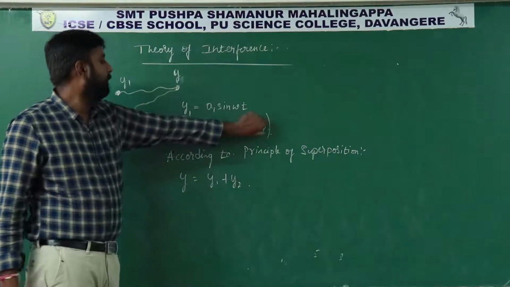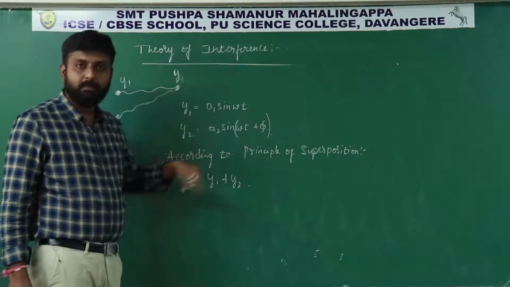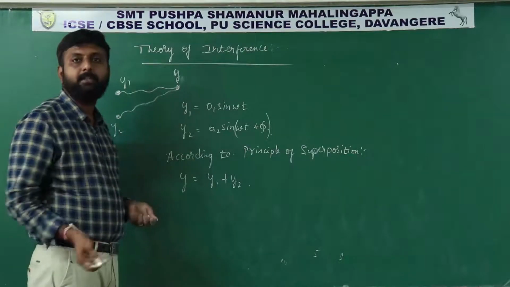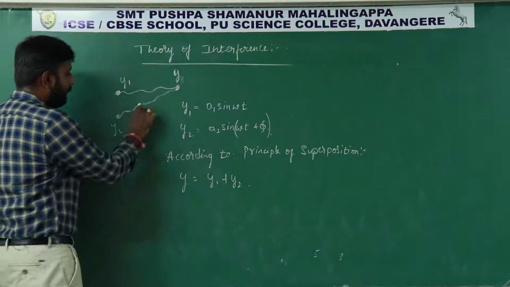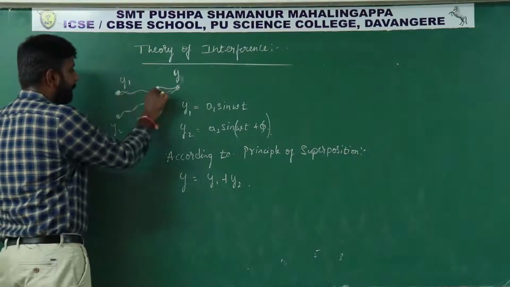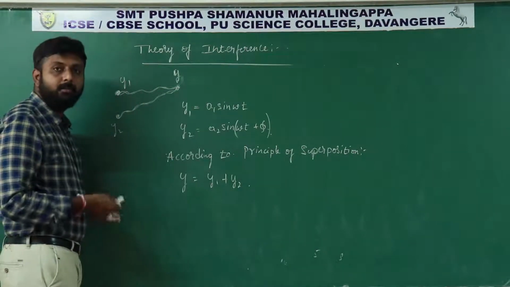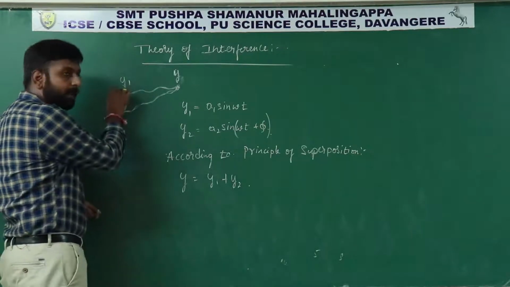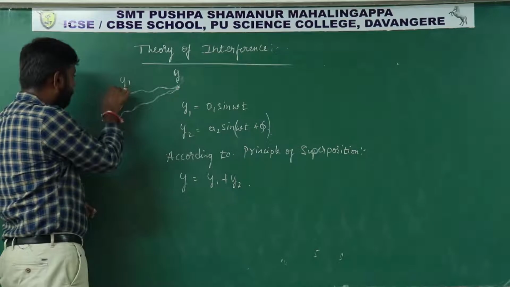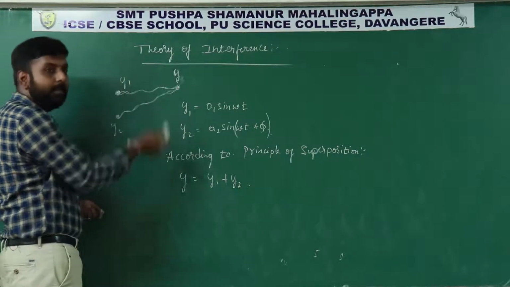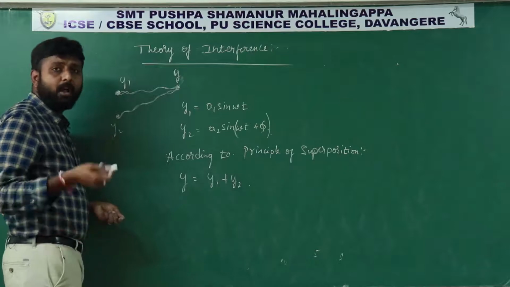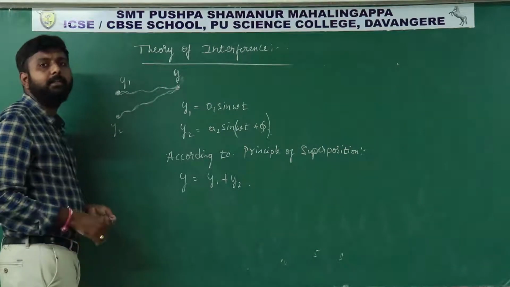And remember, why we will have a phase difference: the phase difference may be due to path difference. This wave may travel more distance, this wave may travel less distance. Because of that we will have a phase difference, and it may start earlier, it may start later. There will be a time difference. Due to time difference also we will have a phase difference.